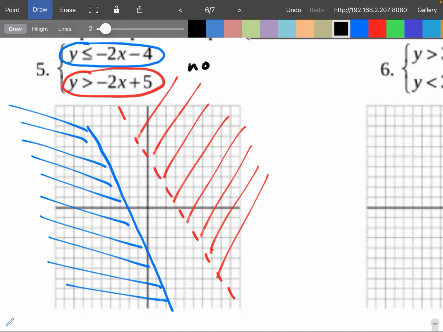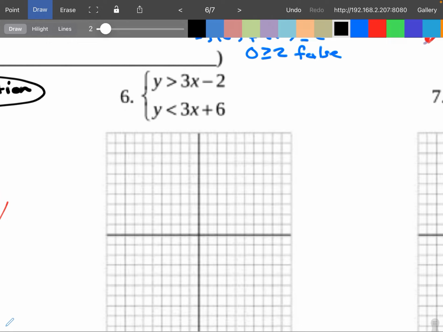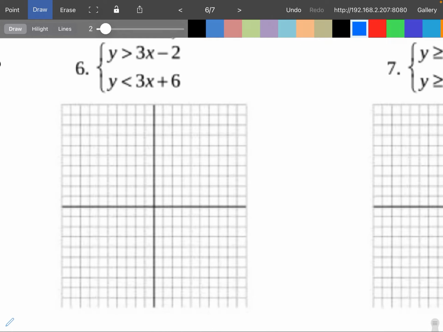And the blue one, if we did all the work on that one, we'd find that that one is shaded below. So then, where's the double shaded part? There isn't one? No. So, no solution. All right, the points that are solutions have to be in the double shaded part. So this one would have no solution.